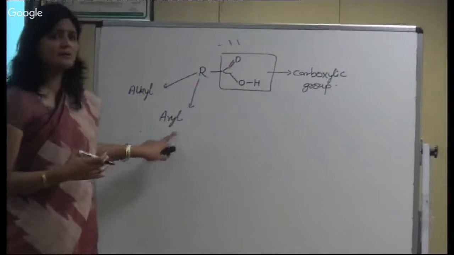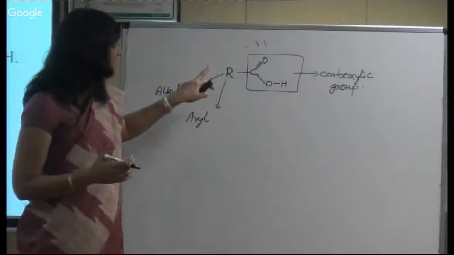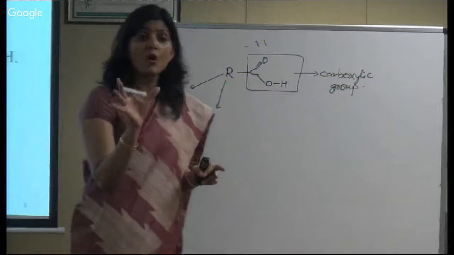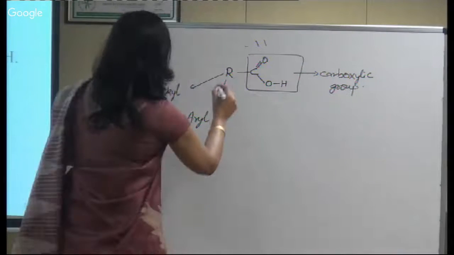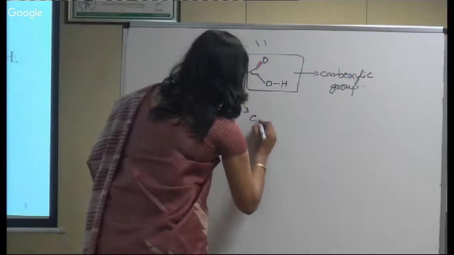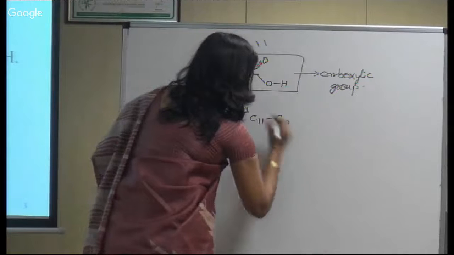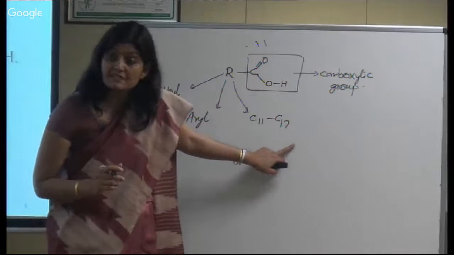In naturally occurring carboxylic acids, this R happens to be a long chain of hydrocarbons, having C11 to C17 carbons.